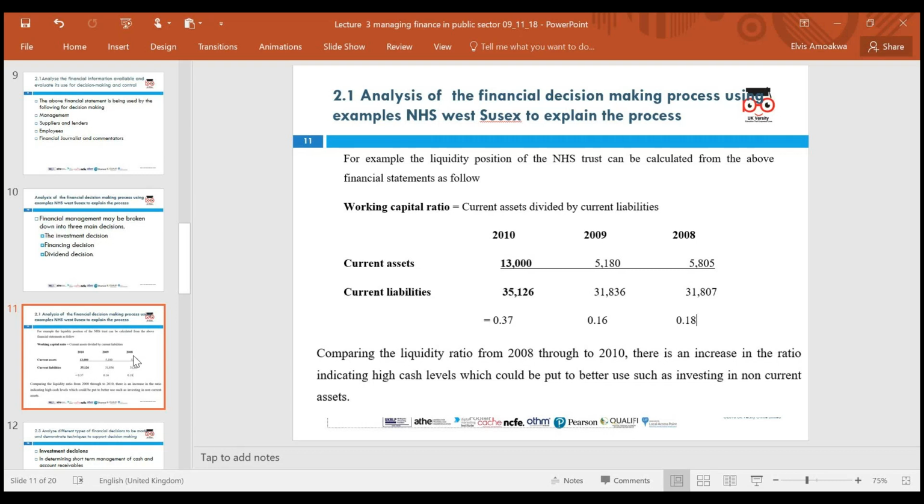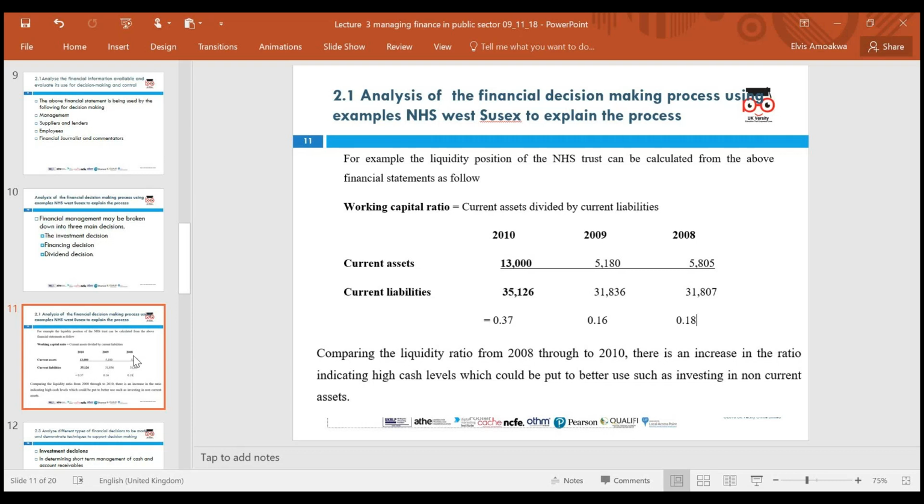So if you want to make any decision on the trust in terms of maybe buying shares, think about your dividend. If you are a bank and you want to loan them money, or you are a management and you want to decide, you can use the working capital ratio as your decision-making tool. And the working capital ratio is simply dividing the current assets by the current liabilities.